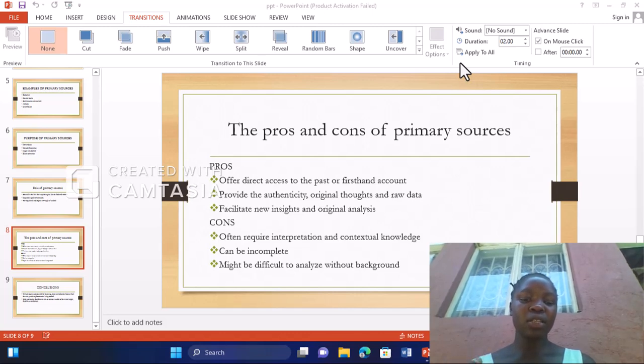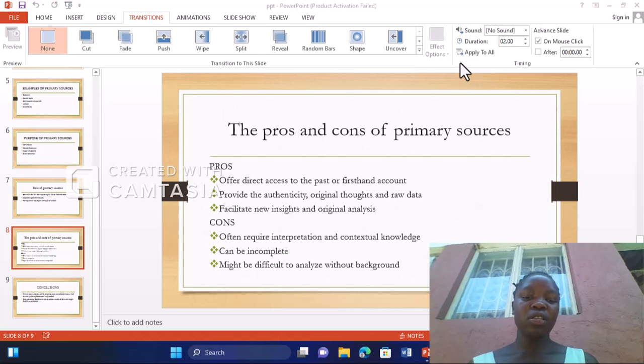Then it can be incomplete, which will not give you clear information about what happened. Primary sources might also be difficult to analyze without the background. When you want to be the secondary source, some primary sources don't have their background, so you can't follow up.